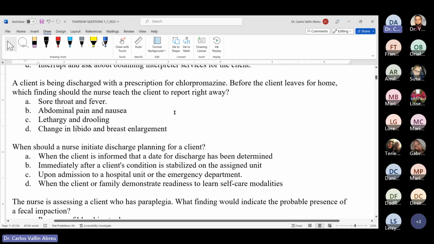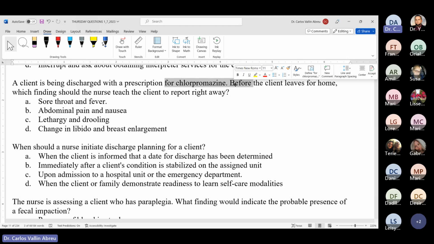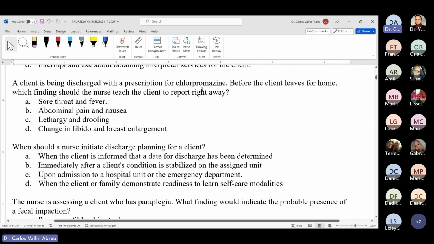This is a mental attitude that maybe you don't believe, but I am convinced that it helps to pass the NCLEX. So here is a strategy for some of you that see a question and then freak out. Oh, chlorpromazine, pharmacology, I hate pharmacology. I don't remember. It sounds familiar, but I don't remember exactly what this is. Oh my goodness, I don't know what this is. And then you start freaking out.